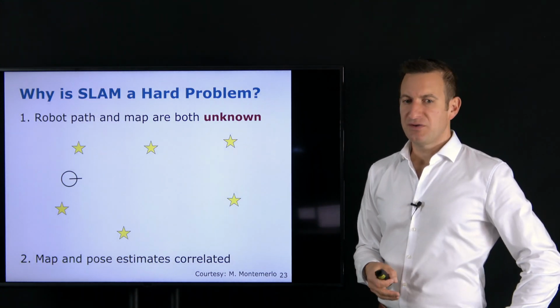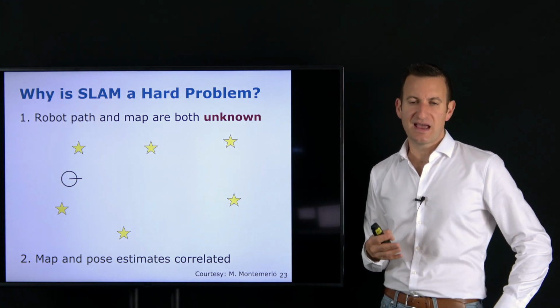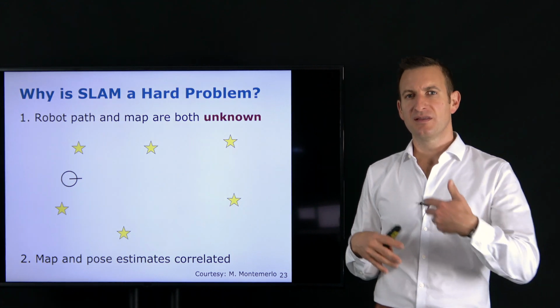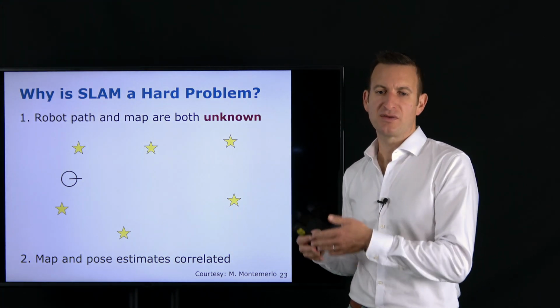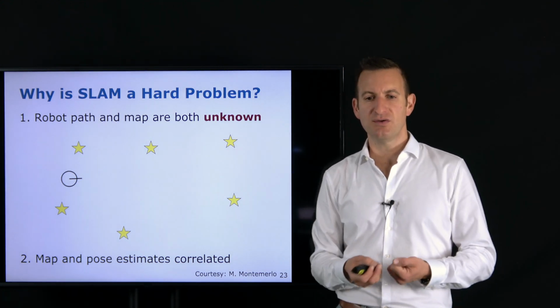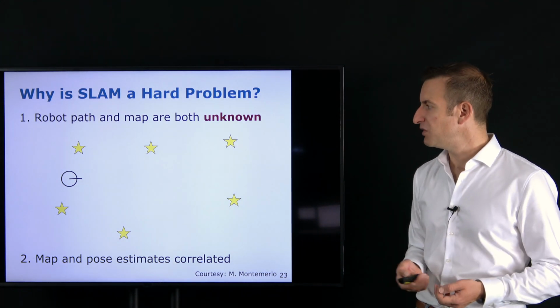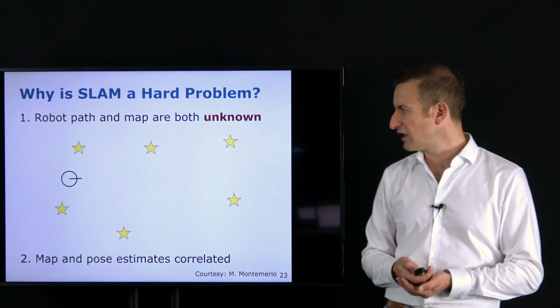So what do we typically have? We typically have a robot that moves through the environment, and SLAM is a tricky problem because the landmark locations are impacted by the estimate about the pose, and the estimate about the pose is impacted by those landmark locations. So you have those correlations between the position of your platform and the landmark locations of the environment.